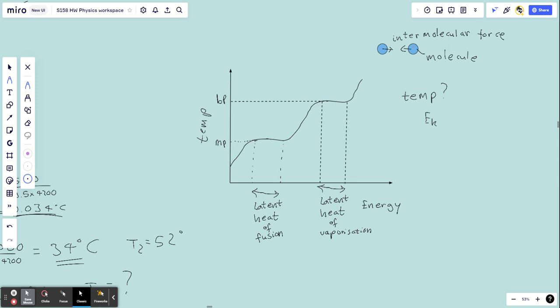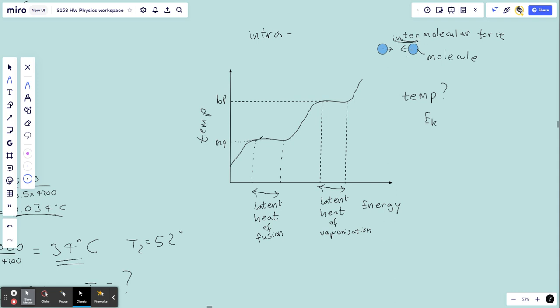The forces that they feel to each other are called intermolecular forces, and then within each molecule there's atoms that are attracted to each other, and the forces that attract them are intramolecular forces, or bonds. So that's within each molecule. We're concerned with the intermolecular bonds or intermolecular forces.